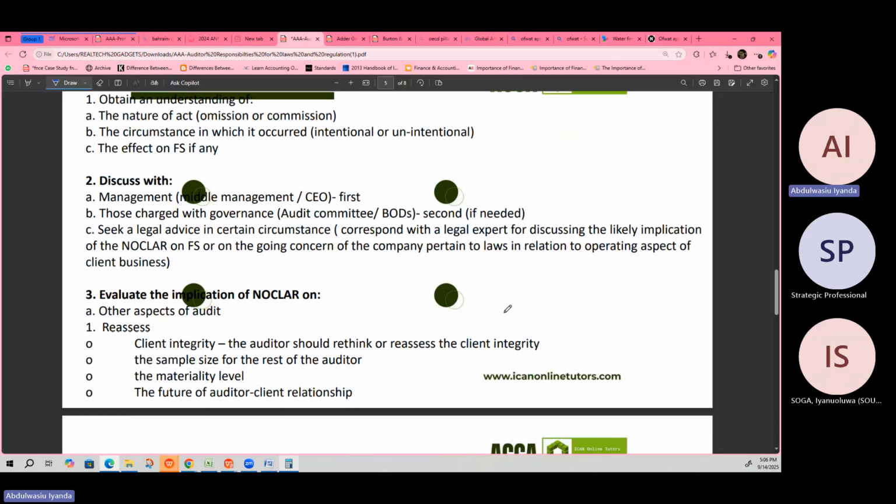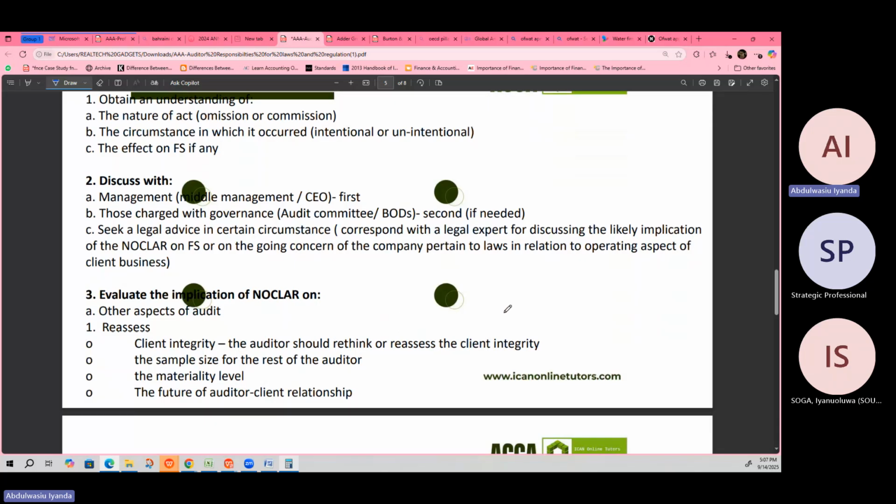Then the third one is now for you to evaluate the implication on other aspects of the audit. Then you can also take some action. We need to reassess the client integrity. Do some sampling size for the rest of the audit, check for the materiality. The future of the auditor-client relationship, at least the first one, the most important thing, is the client integrity. For example, now this is an aspect of NOCLAR.